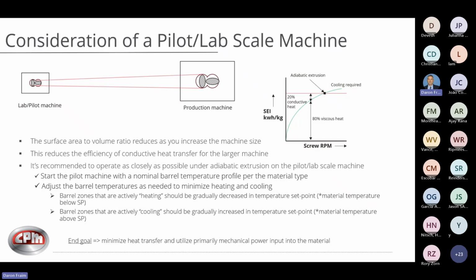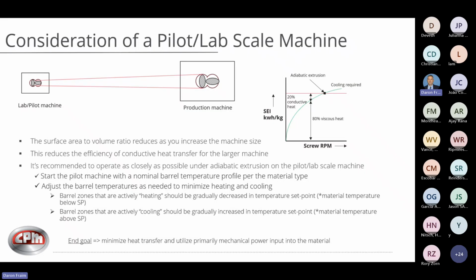When you're doing lab trials on a small machine, whether it's a 26 or 32, and you do all your trials and development work on that size machine, and then you start moving onto your production machines, because of the loss in conductive heat transfer on that bigger machine, you want to run that small line in an adiabatic type condition, which means we want to eliminate as much thermal transfer in and out of the material.